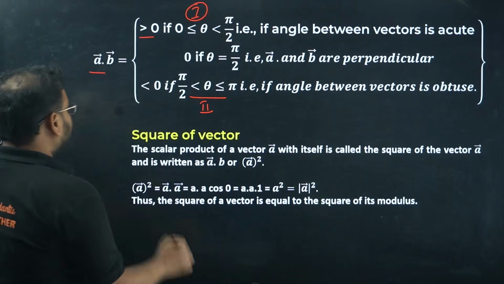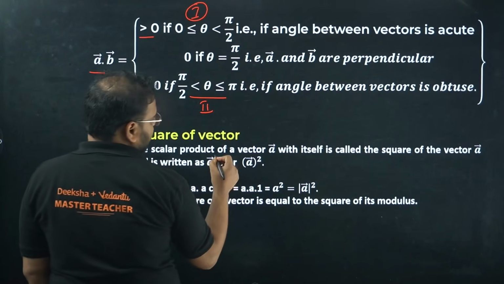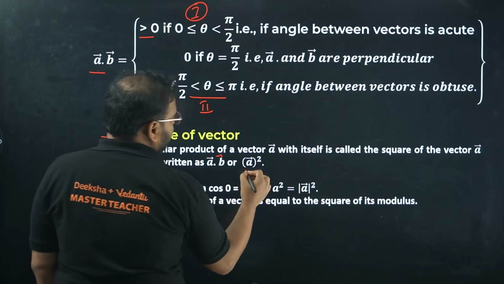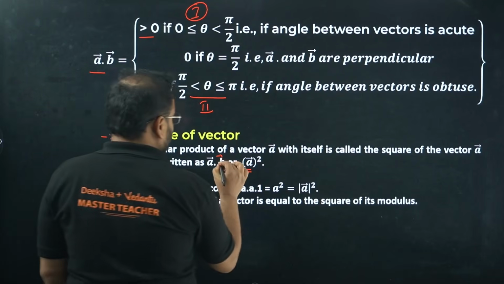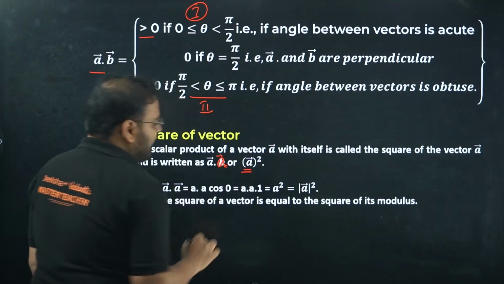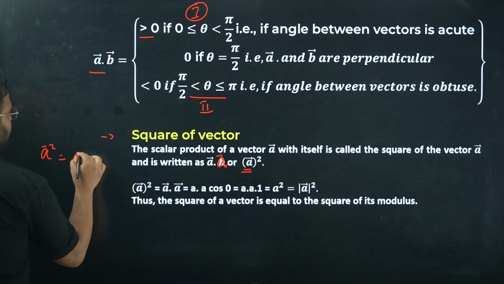Okay, now the square of a vector basically means multiplying a vector with itself. So if you have a square of a vector, it means what? A dot a, or a square. It's not a dot b, it's basically a dot a. Means a square is nothing but a dot with a.